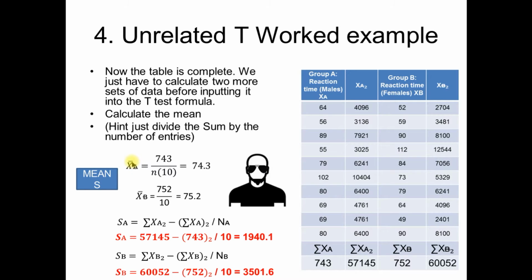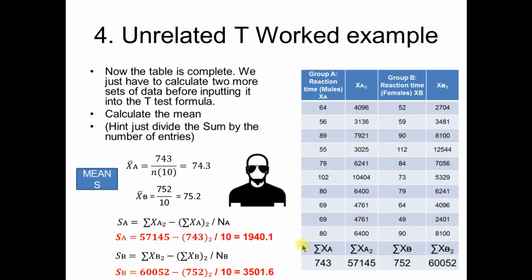So you calculate your mean for column A, your mean for column B, and then we do this calculation here. To get SA, we take the sum of XA squared, and minus from it the sum of XA, squared, and divide the whole thing by NA.